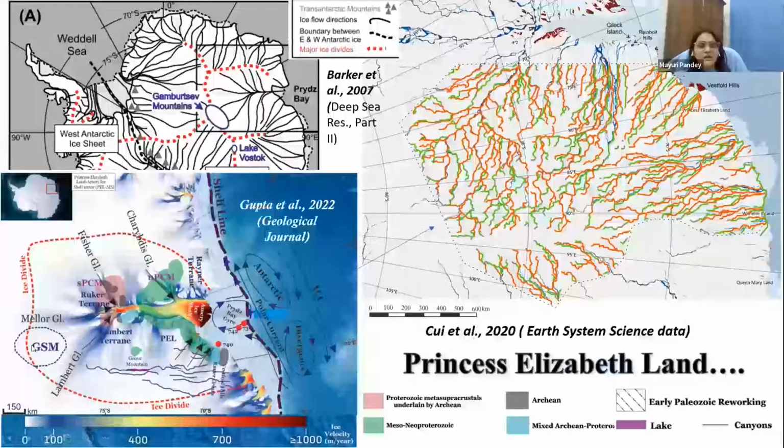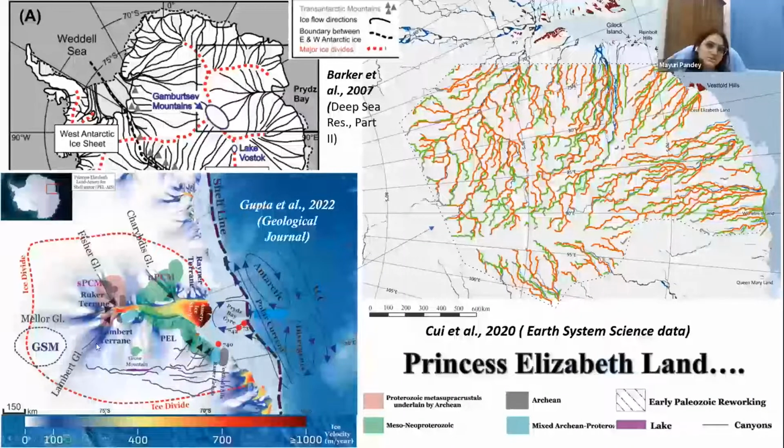Now, from our previous study, we have already inferred the geology of certain portions of the Gamburtsev Mountains. I'm not going into the details of what has already been published, but recent geophysical surveys and studies have shown that, besides this glacial system, we also have a subglacial canyon present in this terrain.